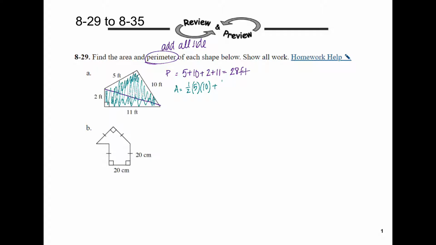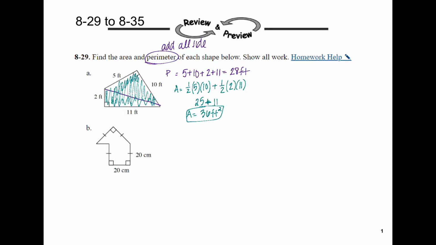And then I need to add my other triangle, which is 1/2 of 2 times 11. So half of 50 is 25. Half of 22 is 11. We're going to add 25 and 11. So the area of our figure is 36 feet squared.